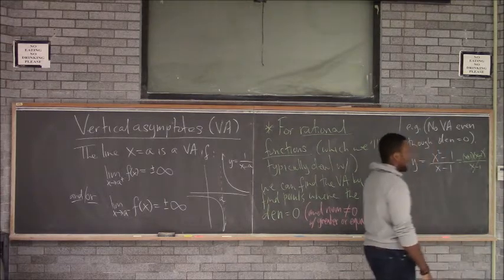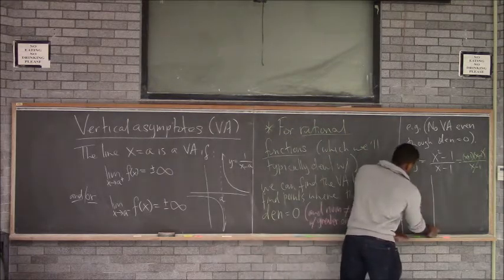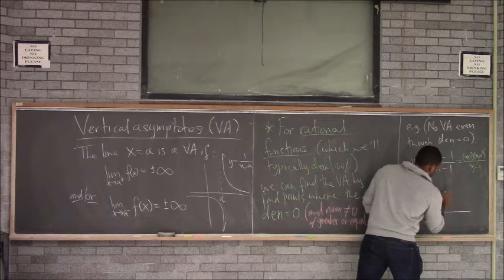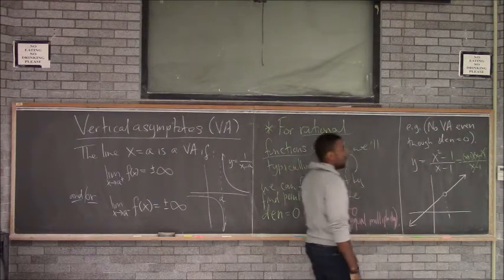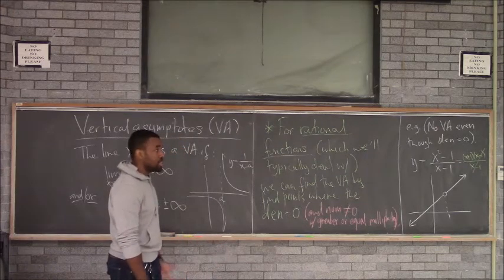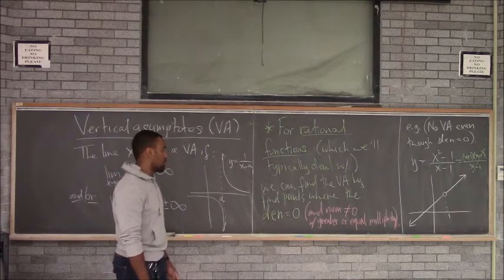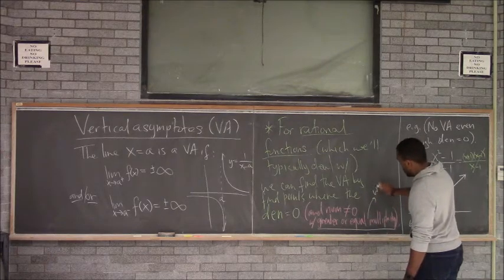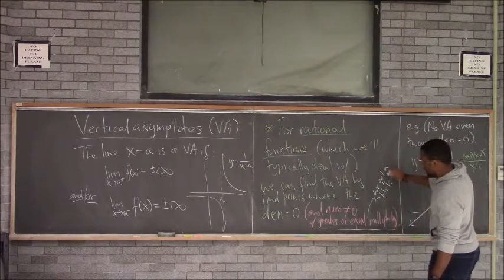So as long as we were not at 1, this graph behaved exactly like y equals x plus 1. The picture for this looked like that. There was just a hole at 1. So whenever your numerator has the same factor as your denominator and can completely cancel the denominator, we have a hole as opposed to an asymptote. So in this case, we get, quote unquote, that's a technical term here, a hole.